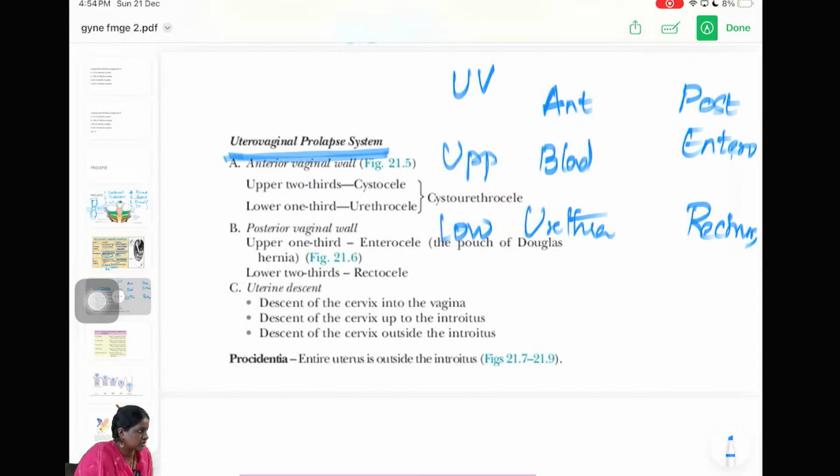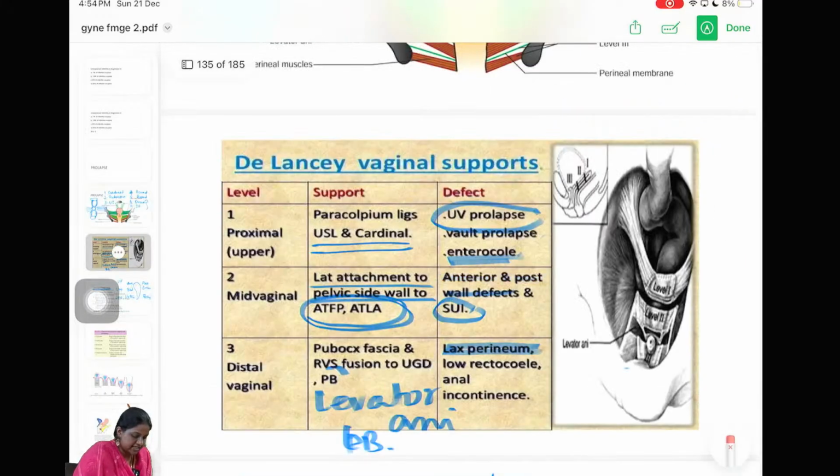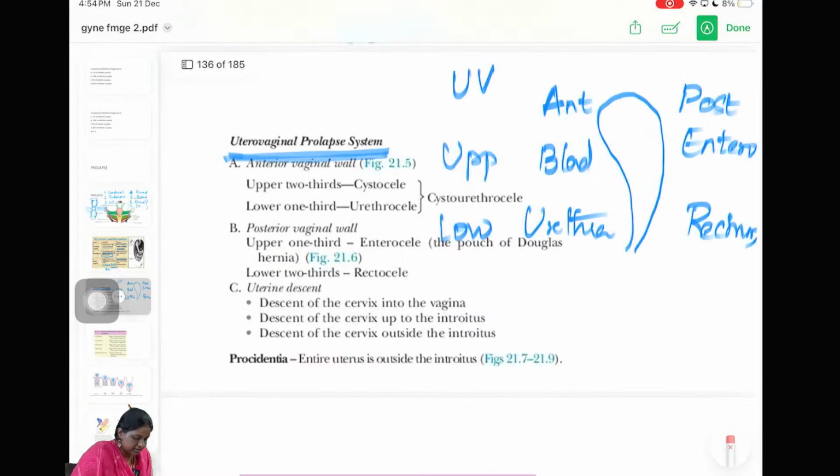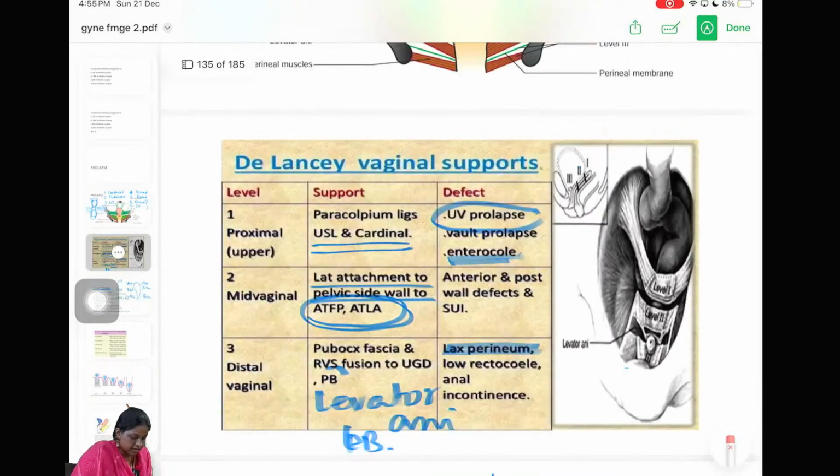The upper posterior wall prolapse is enterocele and the lower posterior wall prolapse is rectum. In between, the uterus will be standing like this. This is what is given here as anterior and posterior wall prolapse. And if the third level of support is gone, it will create lax perineum, because it is lower down.